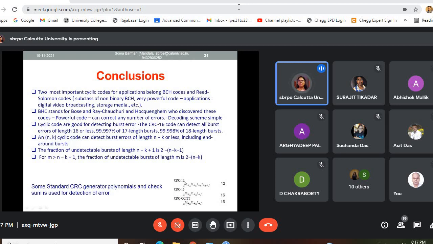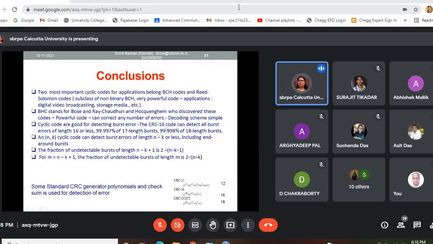For CRC-12 the length is 12, for CRC-16 it is 16. These are very important cyclic codes used in channel coding for combating error, detecting and correcting error.